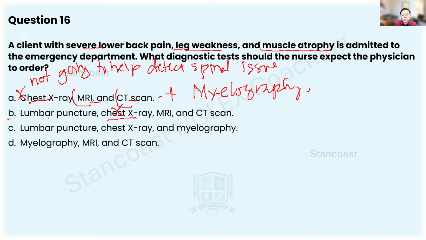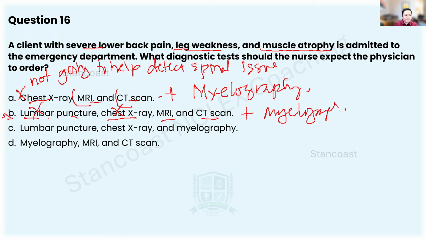If the medical provider is suspecting infection, right? So this is also making the option wrong. These are not going to help in the diagnosis. And again, we have the MRI, CT scan. But again, this will not be sufficient. It will require myelography.